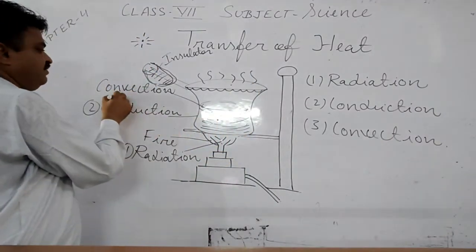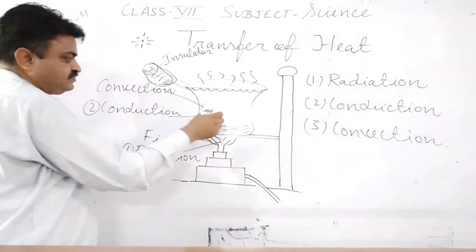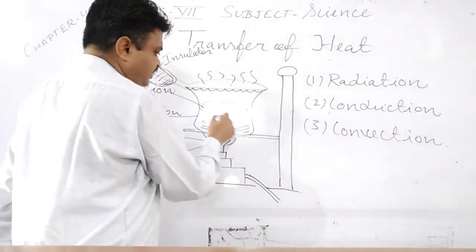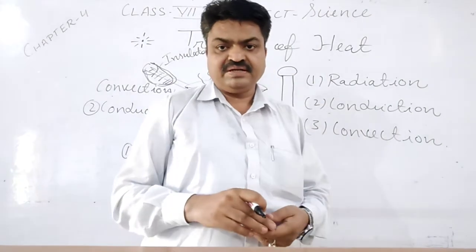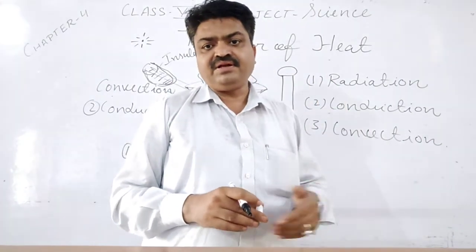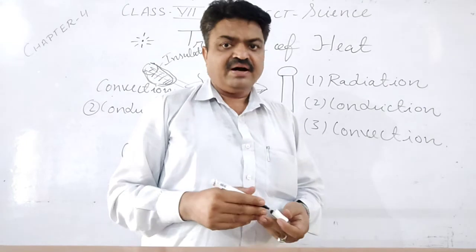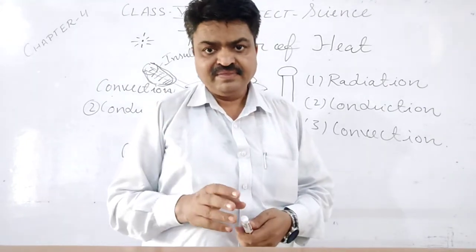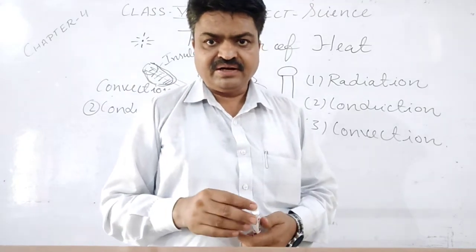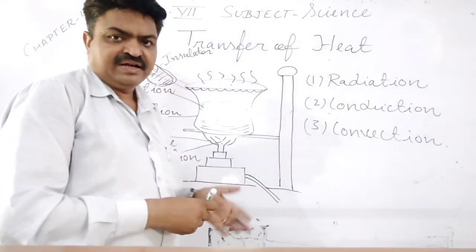And third is convection, which is found here inside the water or liquid or milk, we can say. So there are three types of transfer of heat found in our surroundings. First is radiation, second is conduction, third is convection, students.